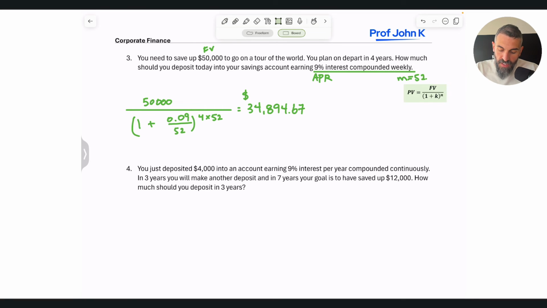If you were doing this on the financial calculator, the 50,000 would be your future value. So you would enter 50,000 as your future value. You would enter your N as 4 times 52. So 4 times 52 is 208. That would be your number of periods. 9 over 52 is your IY.